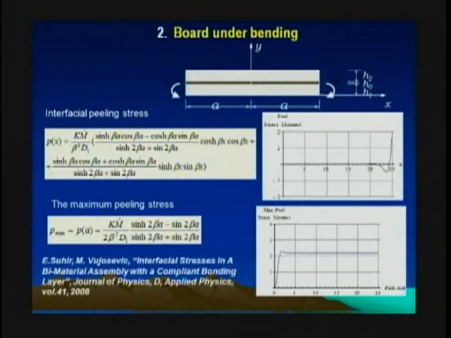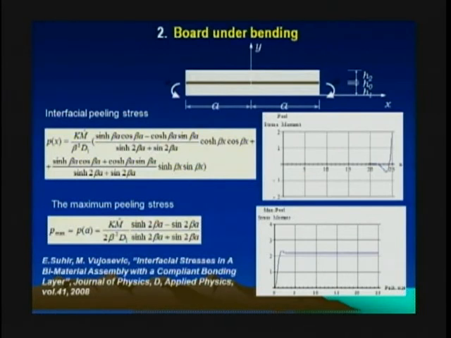Let's continue. Here we did that analysis, what you saw on the previous slide, that was shearing stresses. Here we obtained nice, elegant formulas for the peeling stresses. And here you see also the plots for these stresses. The peeling stresses you see on the upper plot, for the situation, by the way, when the board is subjected to pure bending.